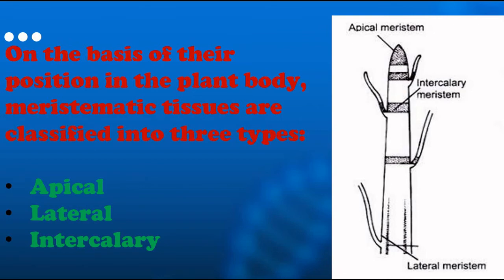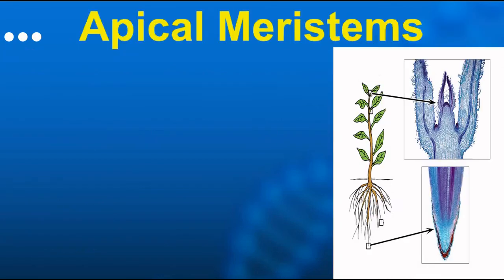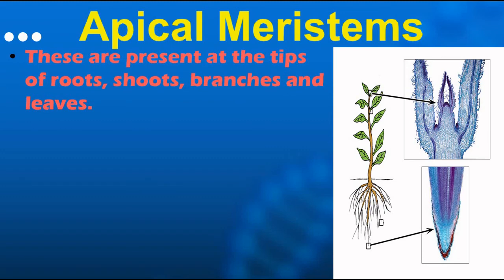Let's look at each one of them in detail now. First comes our apical meristem. These are present at the tips of roots, shoots, branches, and leaves. So apical meristem helps in the growth of the roots, as you can see in the picture here, and shoots, branches, and leaves.